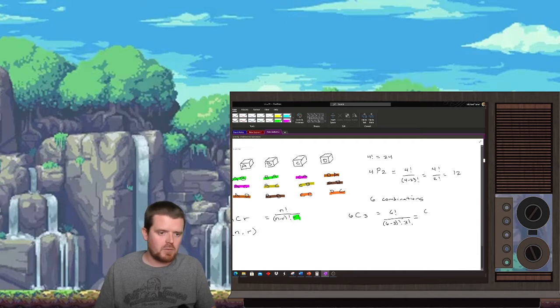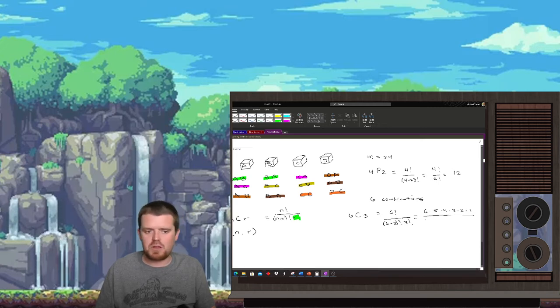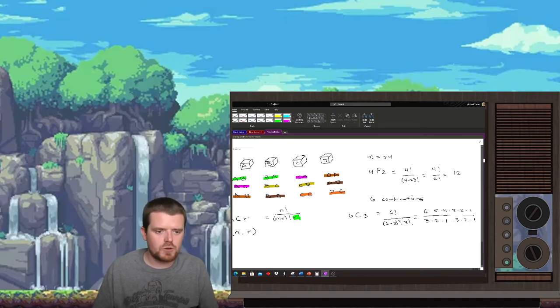So if I'm looking at 6 factorial, that's 6 times 5 times 4 times 3 times 2 times 1. And then 6 minus 3 would give me 3 factorial, so I have 3 times 2 times 1 times 3 factorial, 3 times 2 times 1. So without a calculator, I can, of course, just like with permutations, cancel out any pairs of numbers that I have.